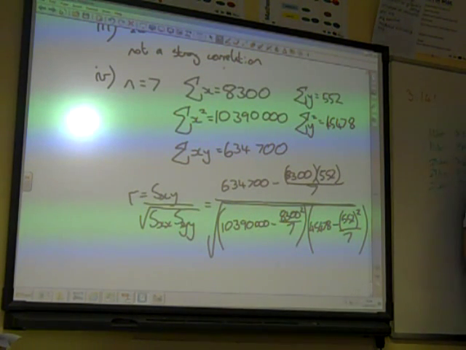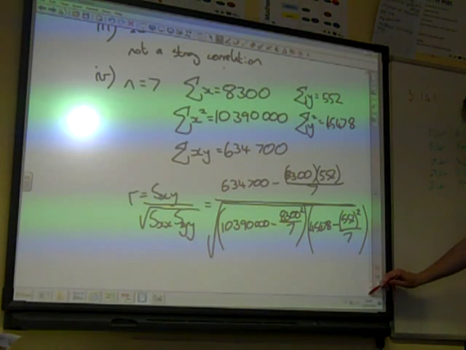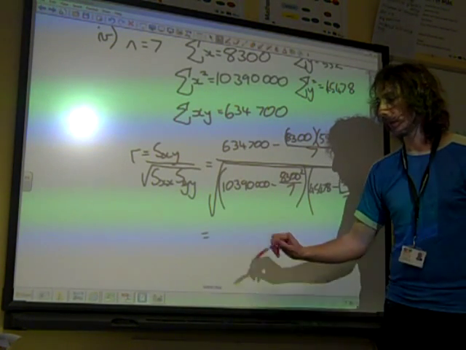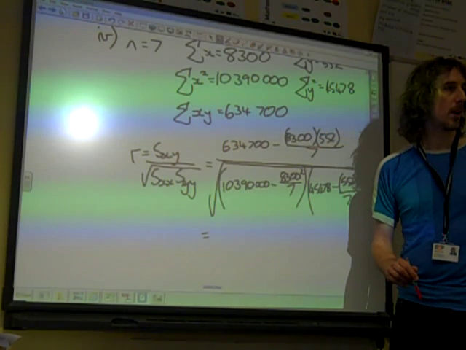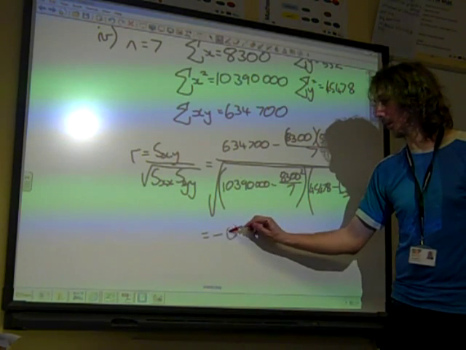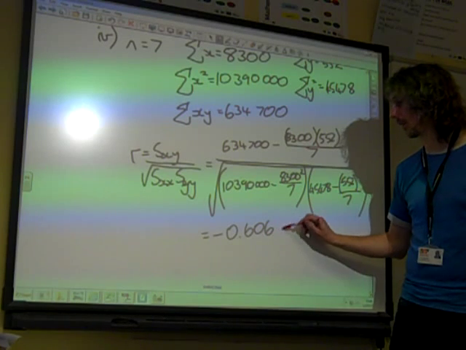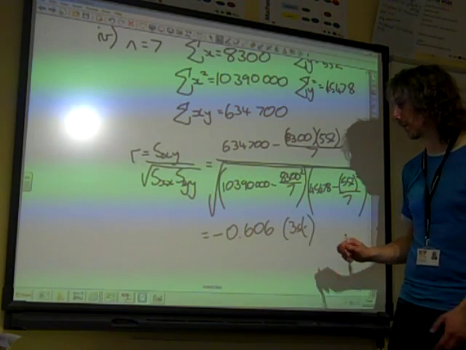Be really careful with typing that all into the calculator, calculating it all, and getting minus 0.606 correct to 3 significant figures.